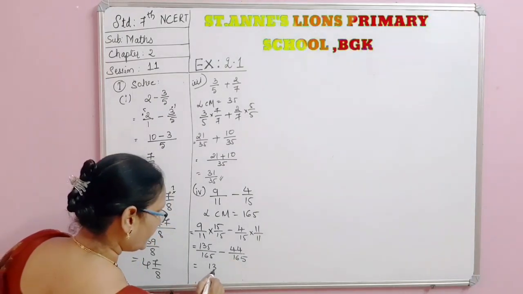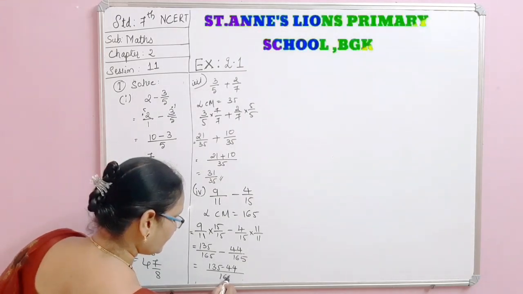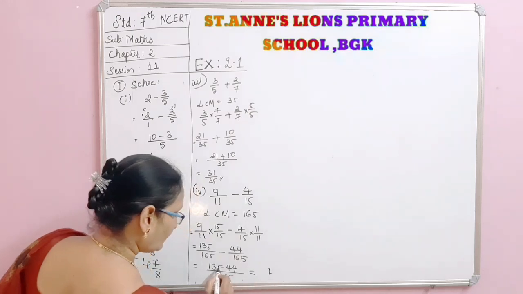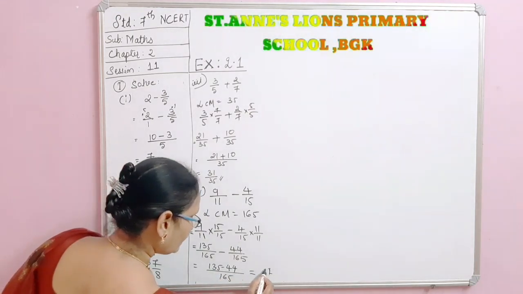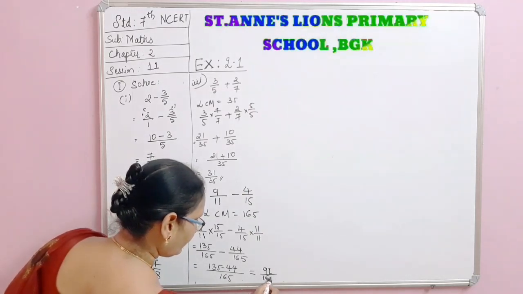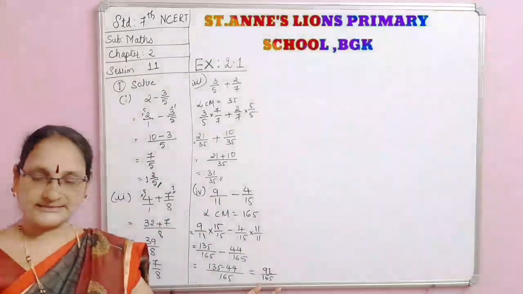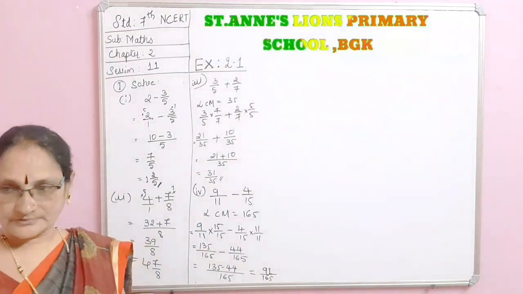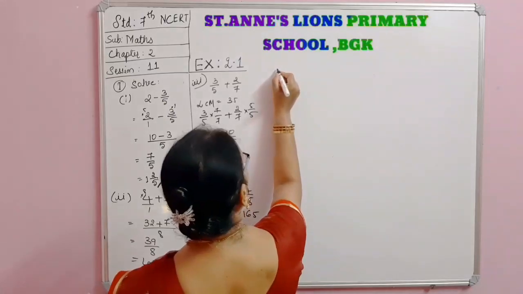So 135 minus 44 divided by 165, common denominator. 5 minus 4 is 1. Then 13 minus 4 is 9. 91 by 165. If it is possible to cancel, you can cancel it. Otherwise, as it is, you can keep it as the answer. Okay. Then the next one is the fifth problem.